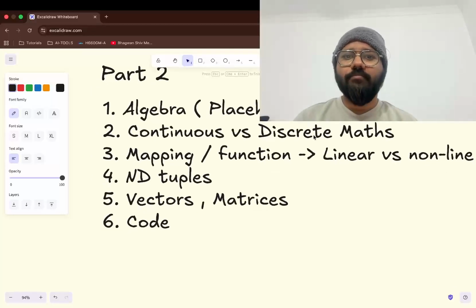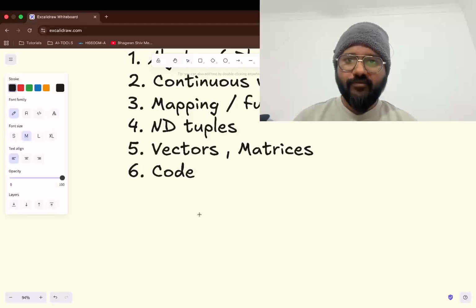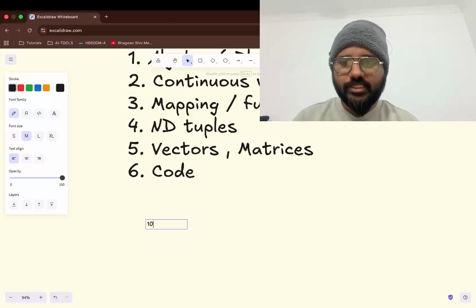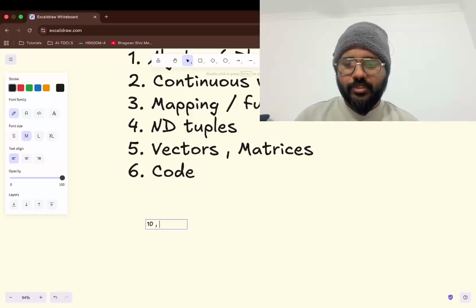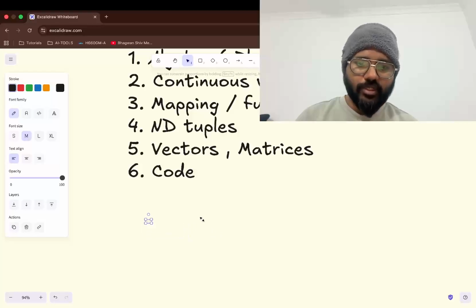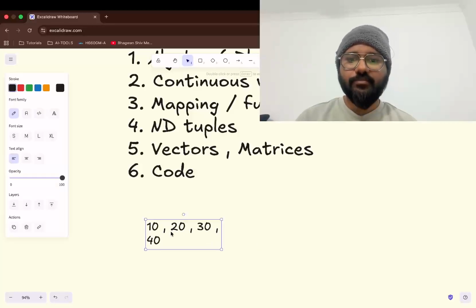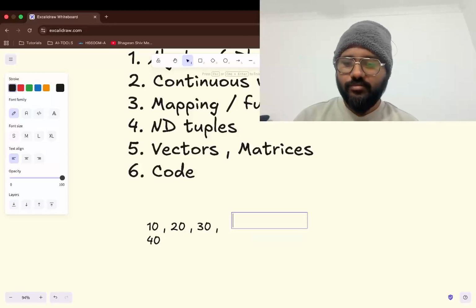What do I mean by placeholder? Let's say someone has 10 rupees in his account, and tomorrow he has 20, and the next day he has 30, 40, like that. Now based on these amounts, let's say he is getting some kind of interest, and that interest is 2%.